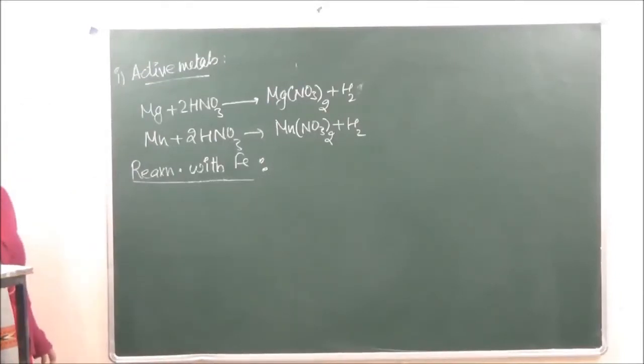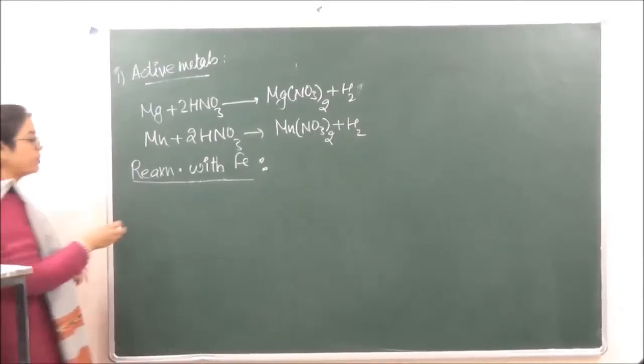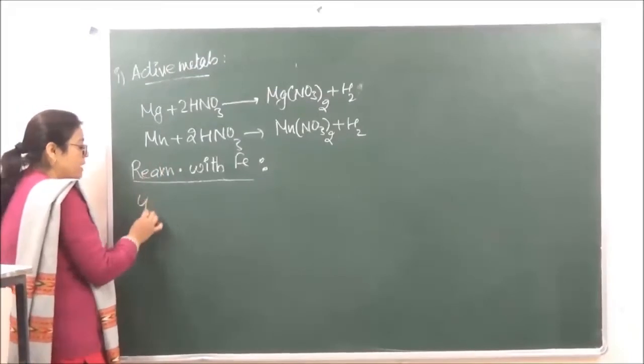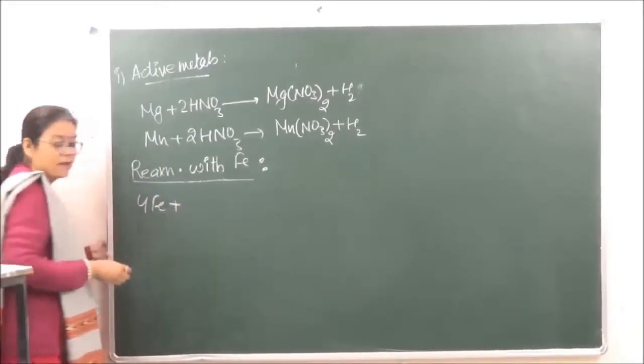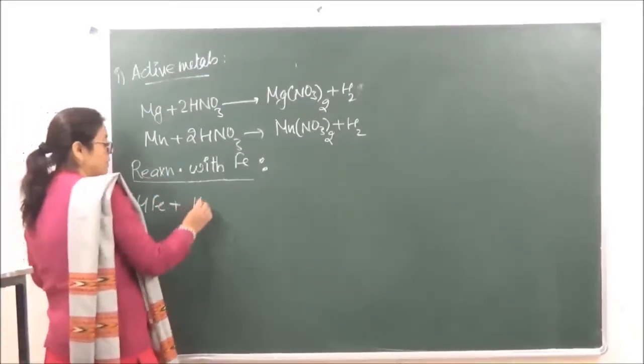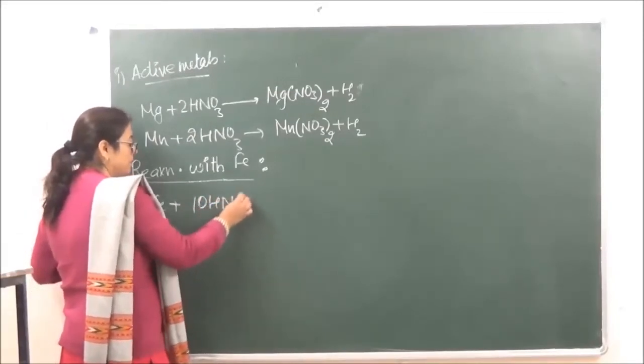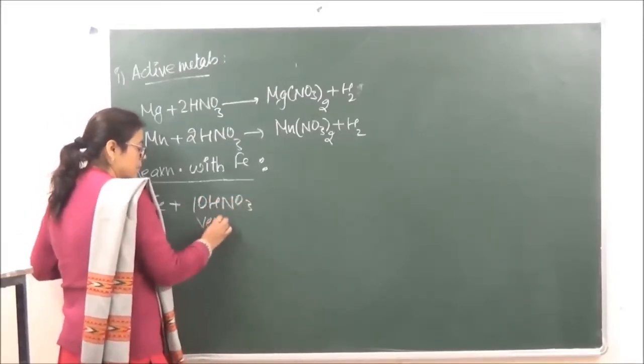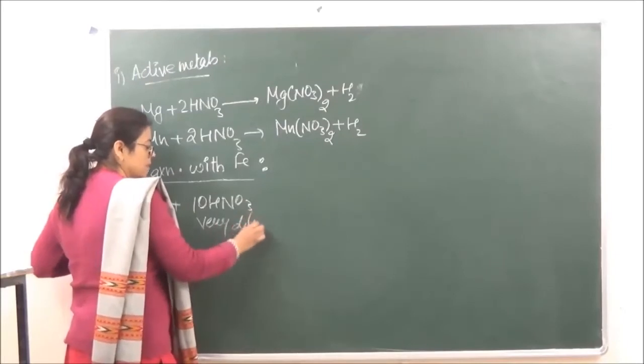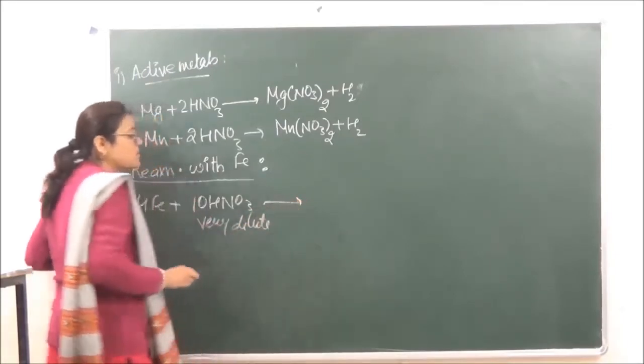So when we react iron, again we are going to dilute, first reacted with very dilute. So we have Fe plus very dilute HNO3.